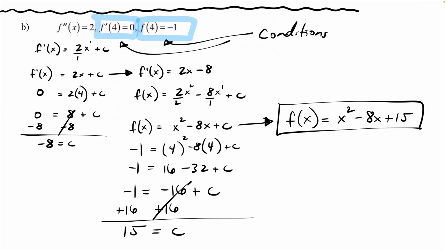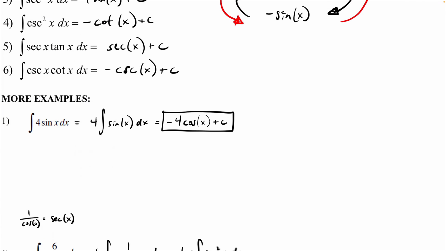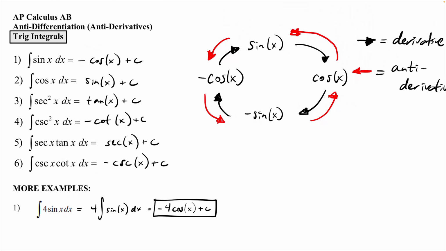All right, and that's it. That's antiderivative. So just using the power rule. We're just using the power rule for everything. Either you're using the power rule or you're using one of the trig things, one of these guys here. Okay?